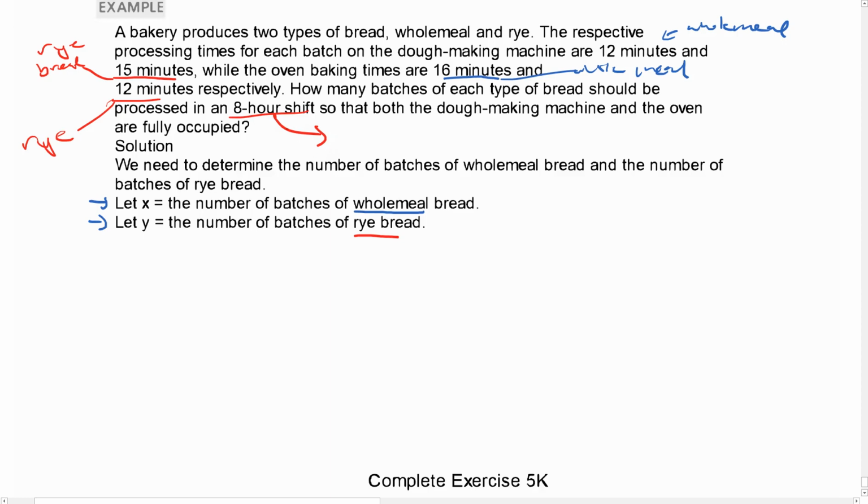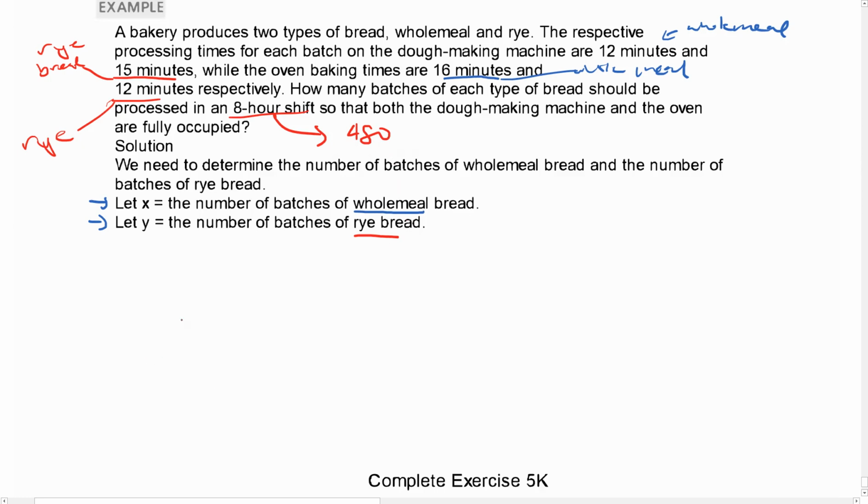So 8 hours into minutes, 8 times 60, so 6 times 8 is 48. So that's going to be 480. So over an 8-hour shift, both of these equations will be going up to 480.